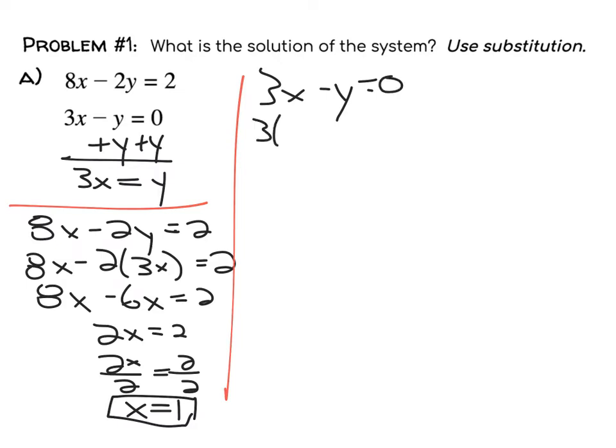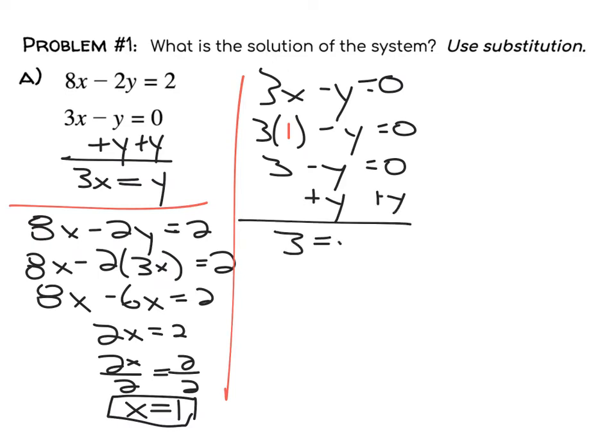And now we're going to substitute in 1 for x because we found out that x is equal to 1. And we get 3 minus y equals 0. Adding y to both sides to isolate it, we get 3 equals y. And we believe we found the solution. What would be the solution? It would be (1, 3).